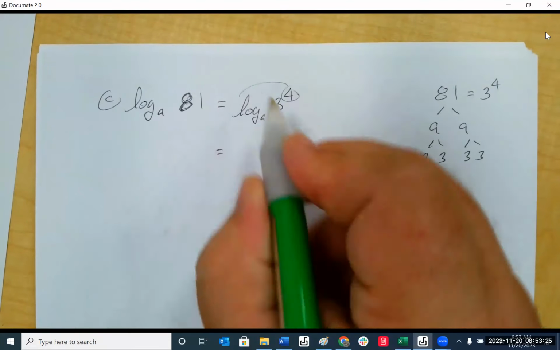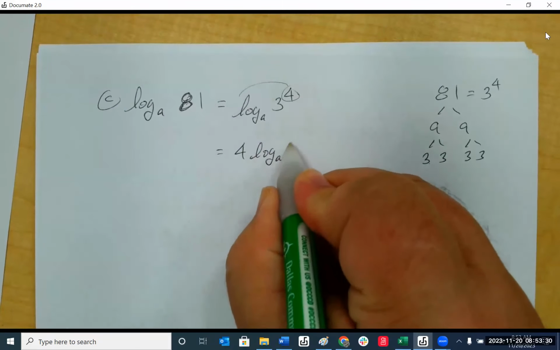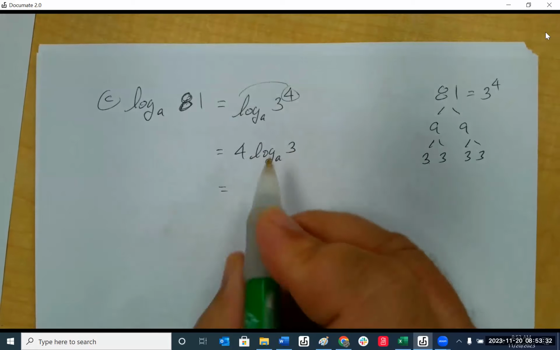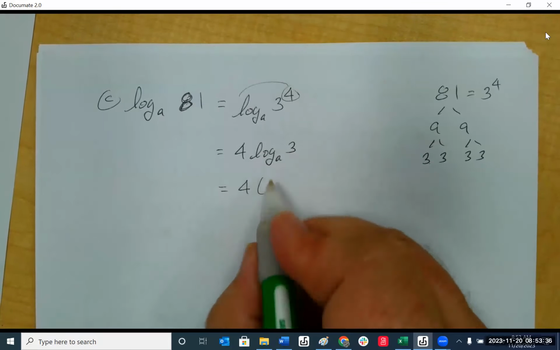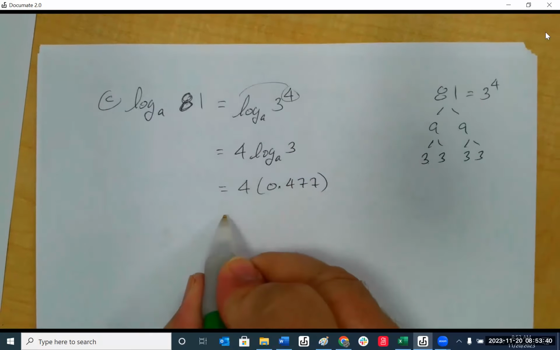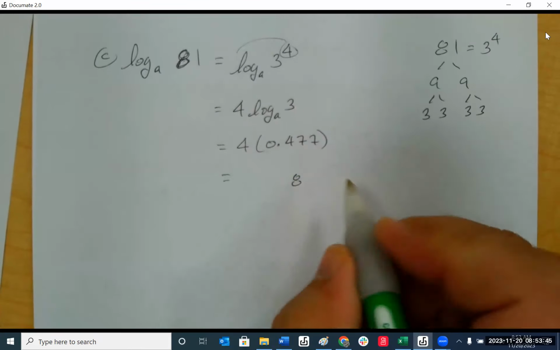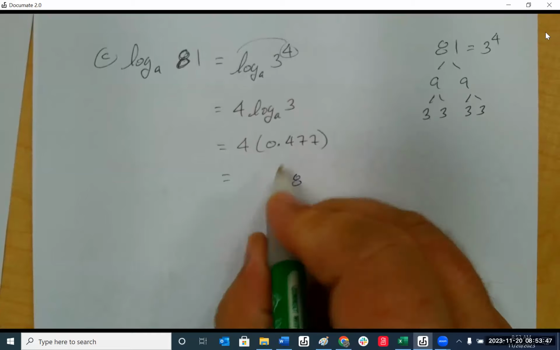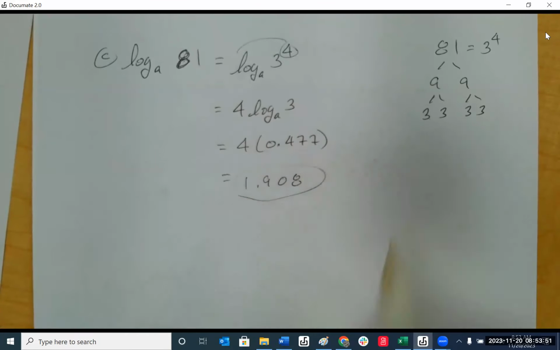The exponent goes out in front as a coefficient. And log base A of 3 is 0.477. So we multiply it by 4, which is 1.908.